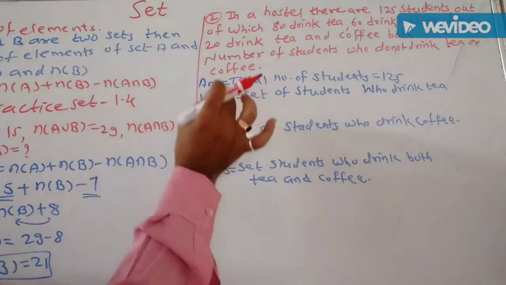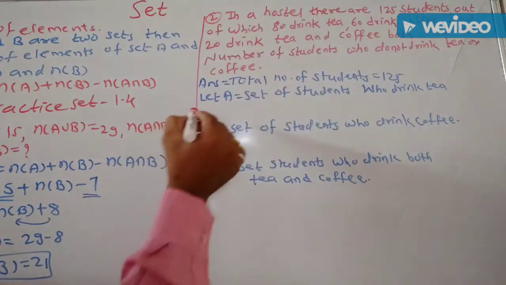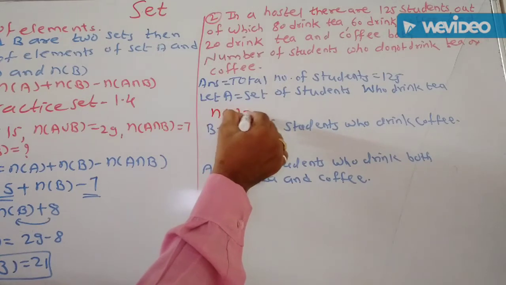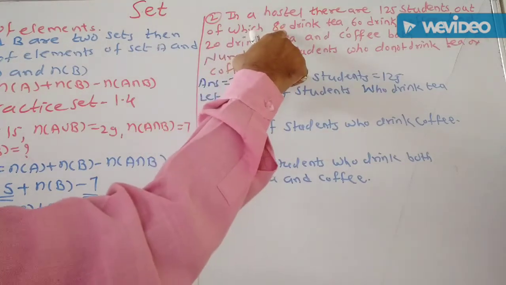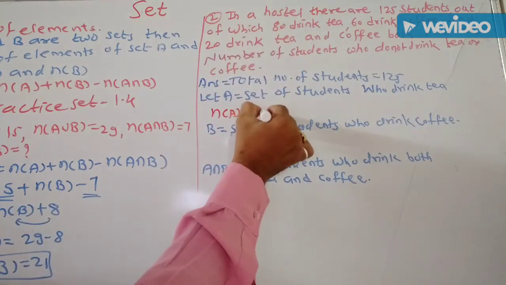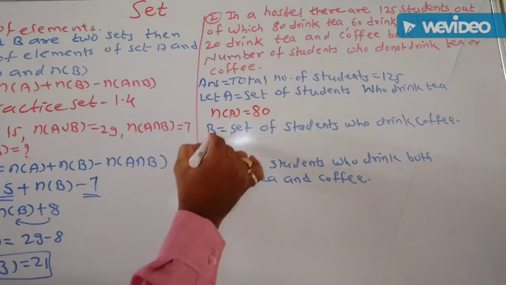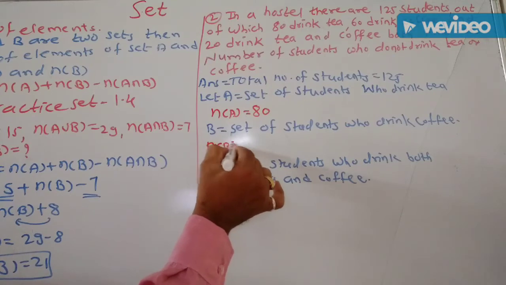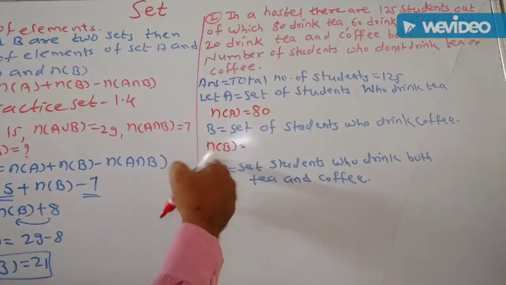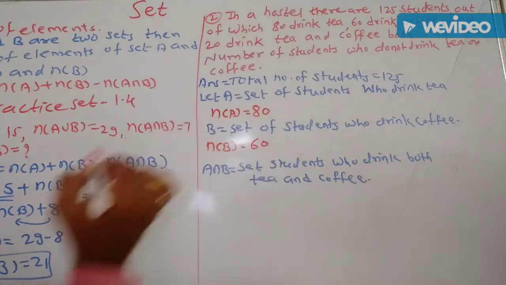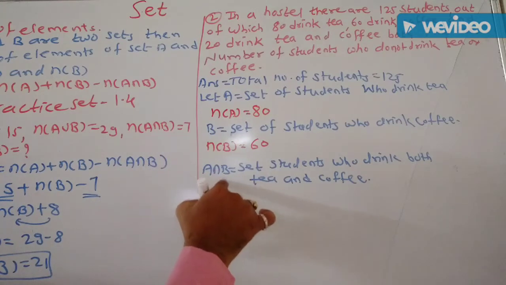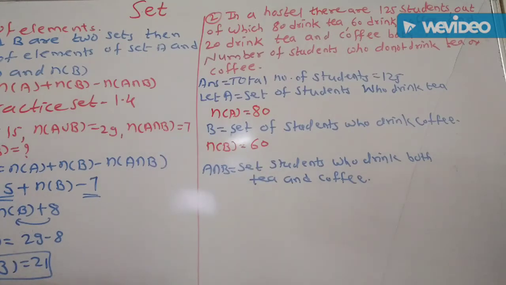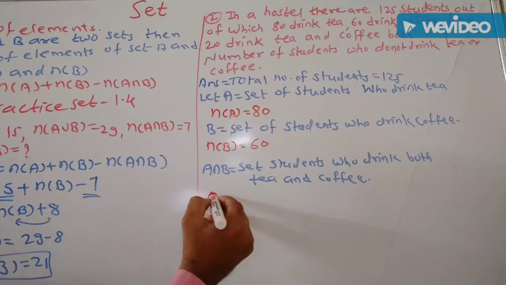Let us consider A is the set of students who drink tea, and the number of students who drink tea is given 80. Therefore number of A we take 80. B is the set of students who drink coffee. Therefore number of B is given 60. A intersection B is the set of students who drink both tea and coffee.